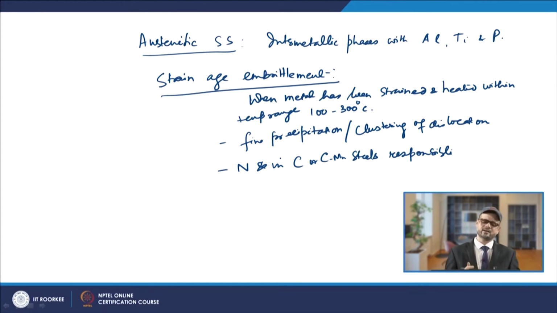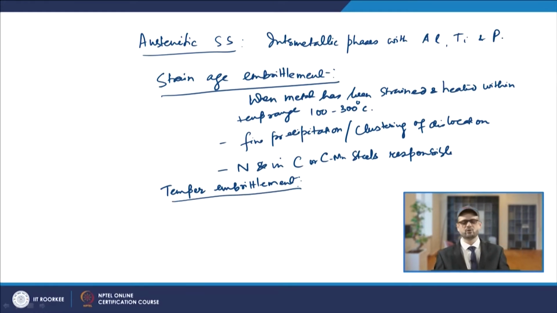Then another further important property is the temper embrittlement. This is because of the formation of unfavorable transformation products through grain boundary segregation, and that is why it is known as the temper embrittlement.